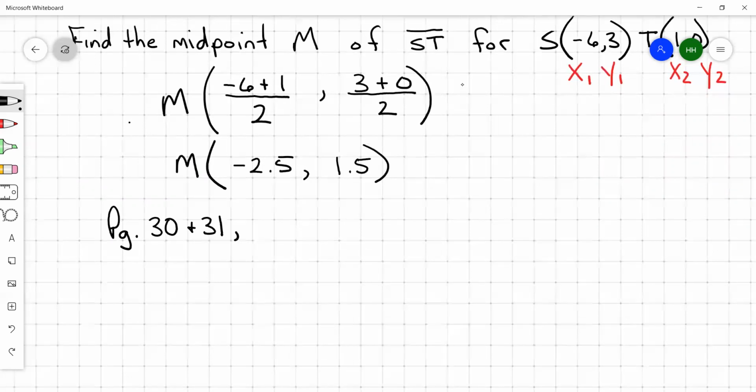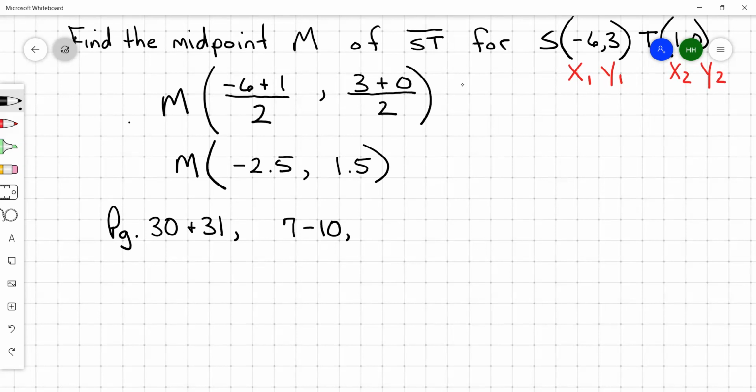You're going to be doing problems 7 through 10. And then on page 32, actually, this is just page 30.